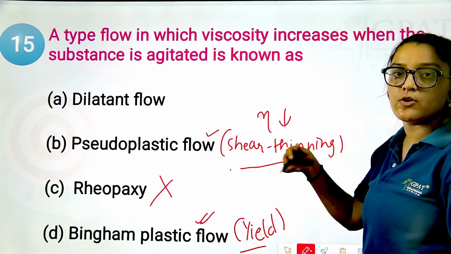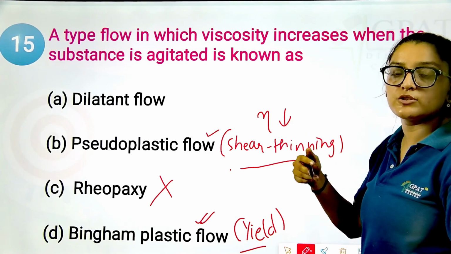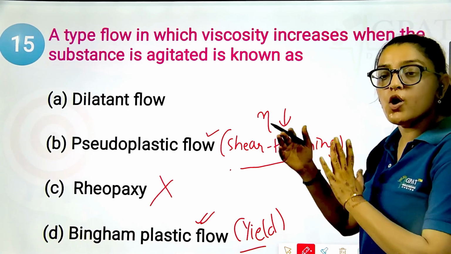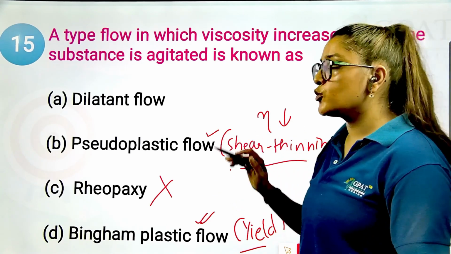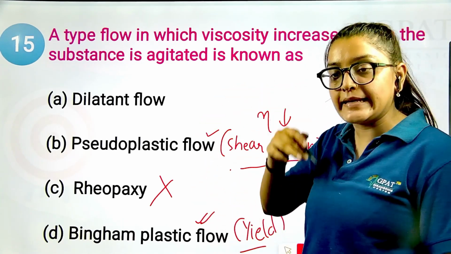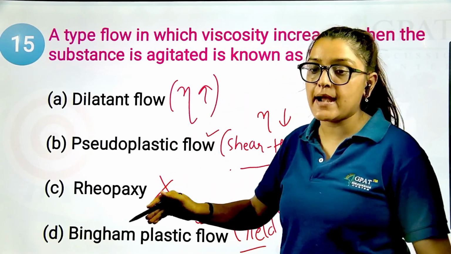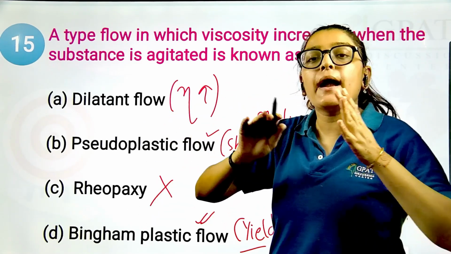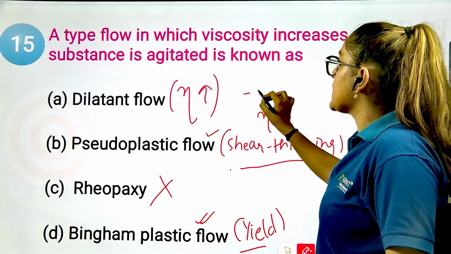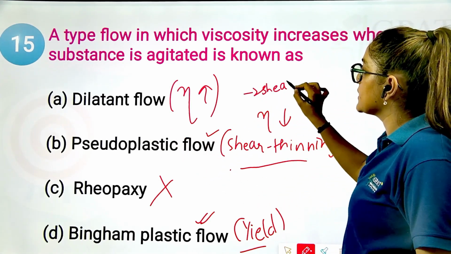As you stir them on a hot plate, they lose their viscosity and become more fluid in nature. So in a pseudoplastic system viscosity will decrease. But dilatant systems are known to dilate, expanding in volume. These are known as shear thickening systems.